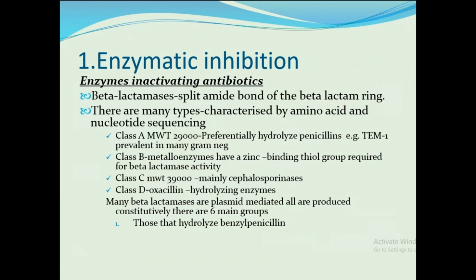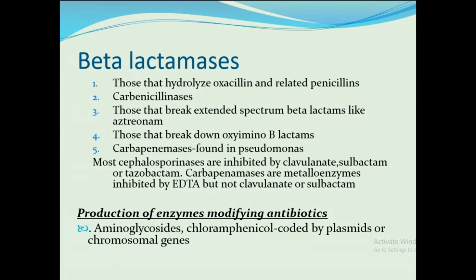So enzymatic inhibition, as I have told, these are basically the split of the amide bonds in the beta-lactam rings. These are in detail topics. If anyone wants to clarify what this is, I can go in detail on how this enzymatic inhibition and inhibiting antibiotics work. But you can self-refer it as well. So the beta-lactamase, this is what happens. It hydrolyzes the oxacillin and related penicillins.